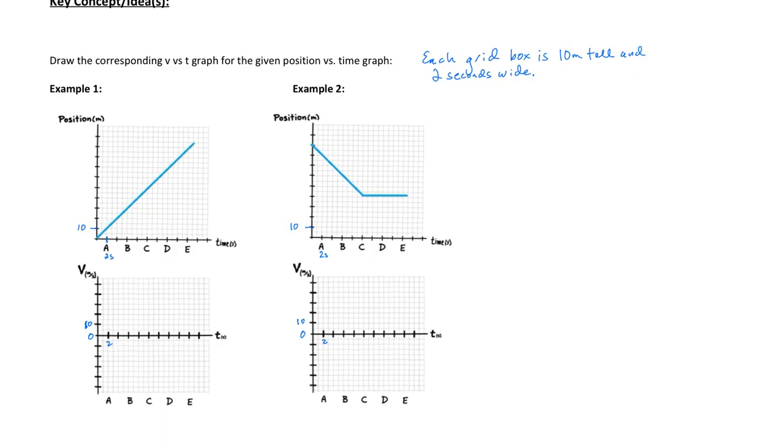Okay, so this looks like two different examples. Okay, so I know this looks like the slope of this D versus T graph.